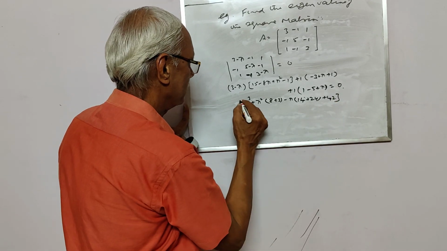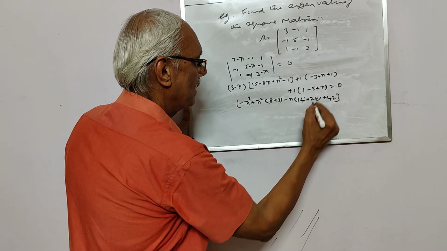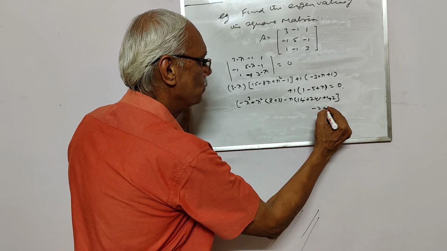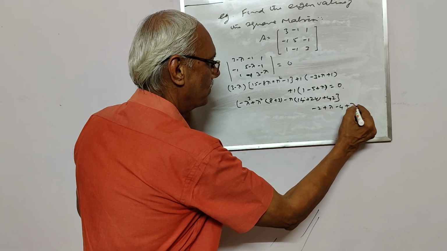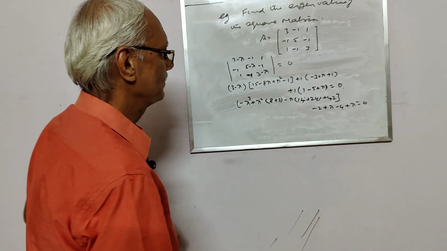Keep this, minus 2 plus lambda, minus 4 plus lambda, is equal to 0.